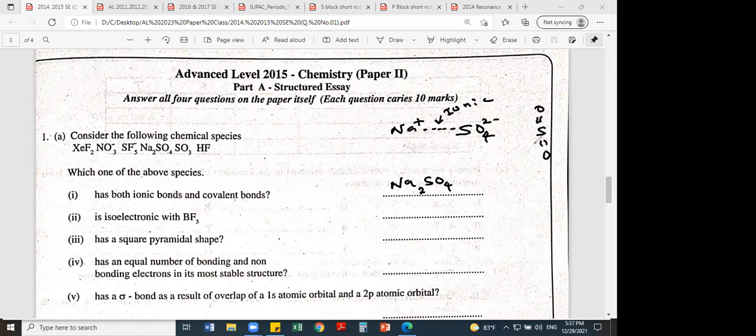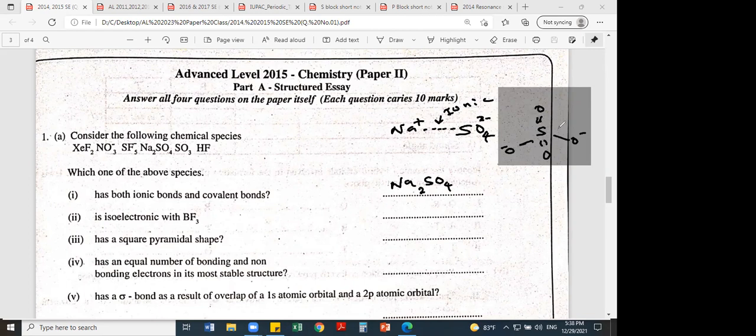draw the structure of sulfate ion like this. Tetrahedral, no? This is the structure of sulfate ion, SO4 2 minus. So sulfur has formed how many bonds here? 6 bonds.